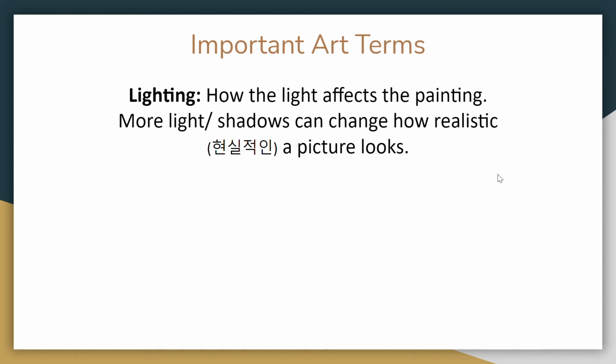So if you want to draw a very realistic landscape painting, maybe a mountain, you want it to look very realistic, you have to be sure to include all the different shadows and the light.